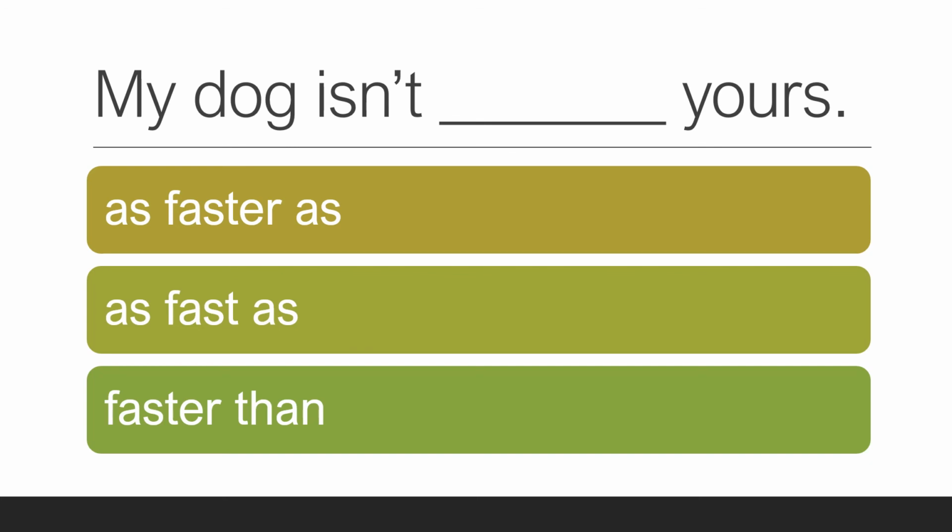What do you think is the answer? Great! As fast as. Remember the structure of the sentence. We always have to write the adjective without the endings that we use in comparative adjectives. Okay?